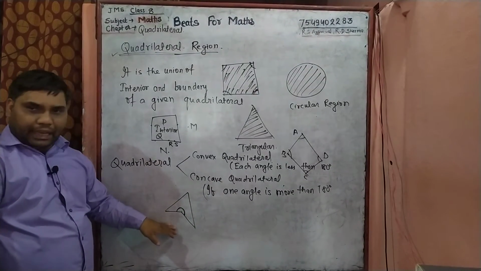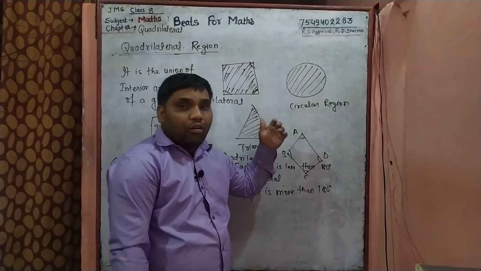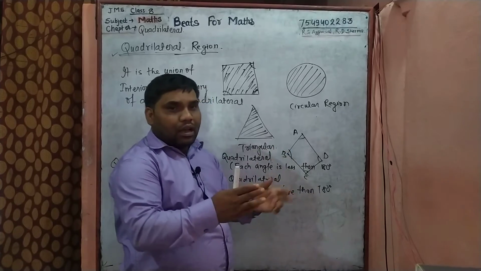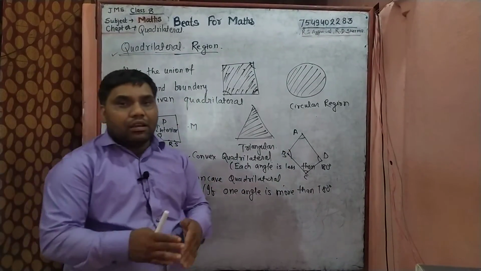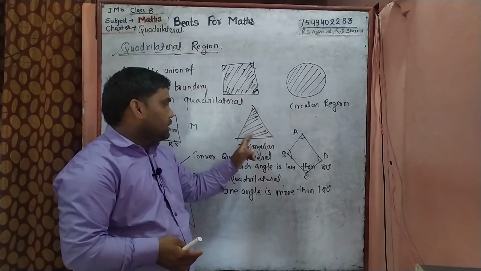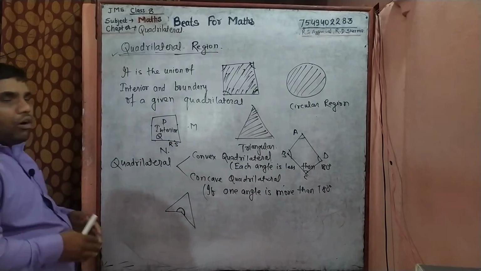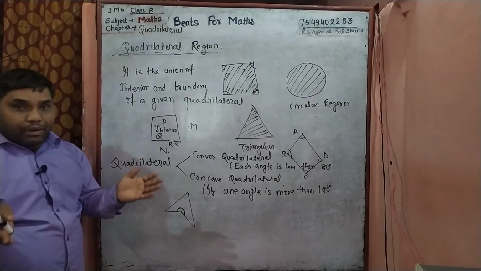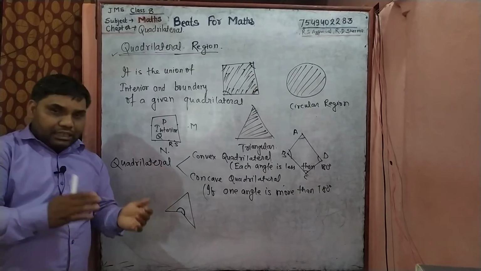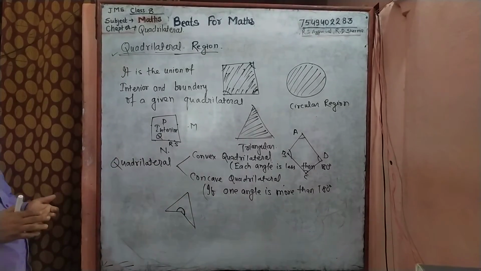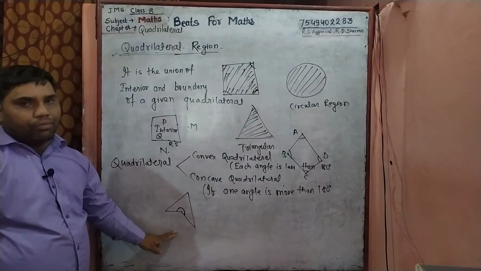So it is called a concave polygon, concave quadrilateral. Here in convex, all the vertices are outward, that is, outside, like swollen. So this is a convex quadrilateral. Convex means all the vertices lie outward. Concave means at least one vertex lies inward, and one angle is greater than 180 degrees.